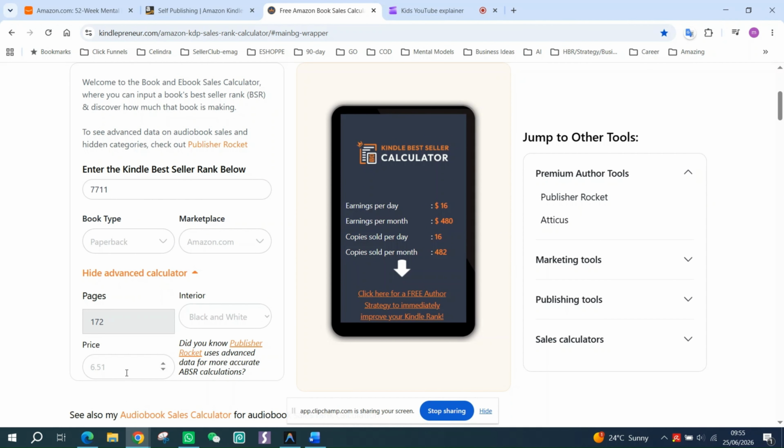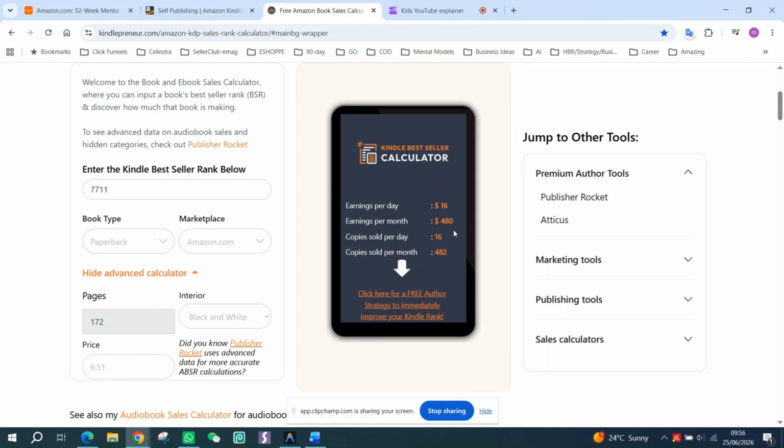Let me actually increase, because I saw this book for $9.99, and in this case they make 50 cents per book. And if we sell it for $10.99, what does it say? 59 cents per book, earnings per month 1,071, but they actually sell it for 6.51, it says.